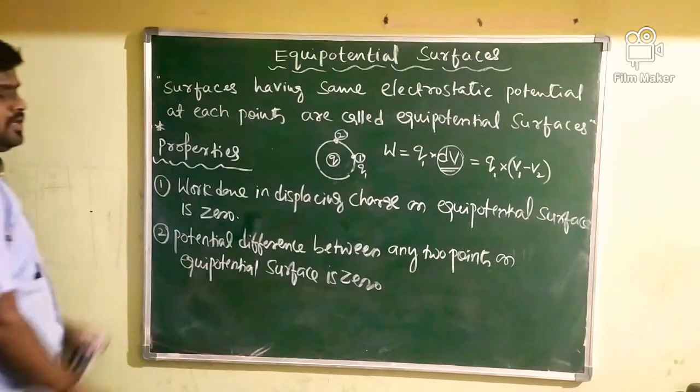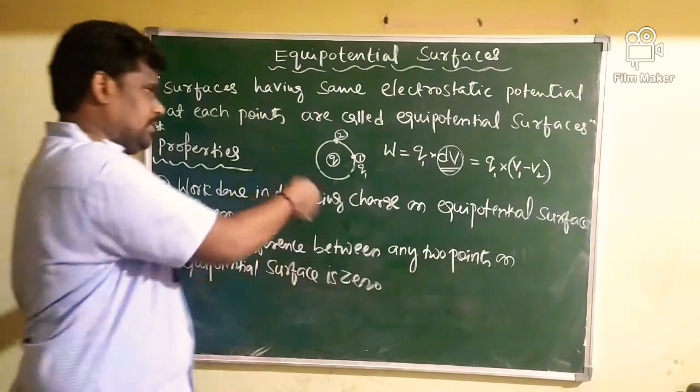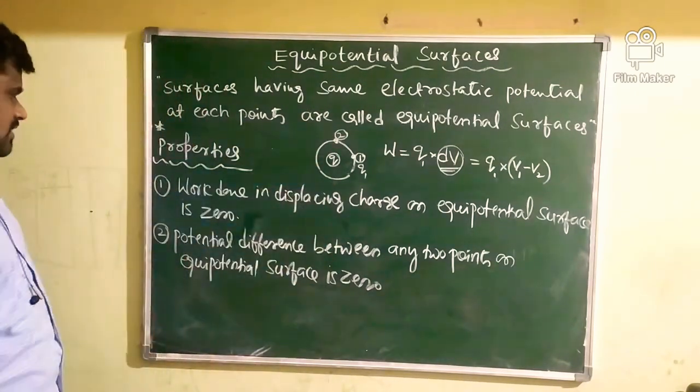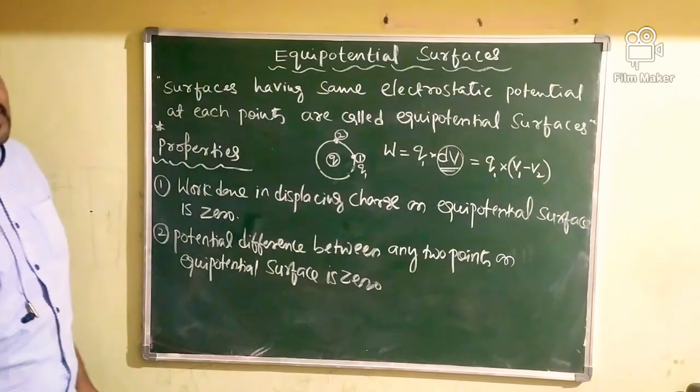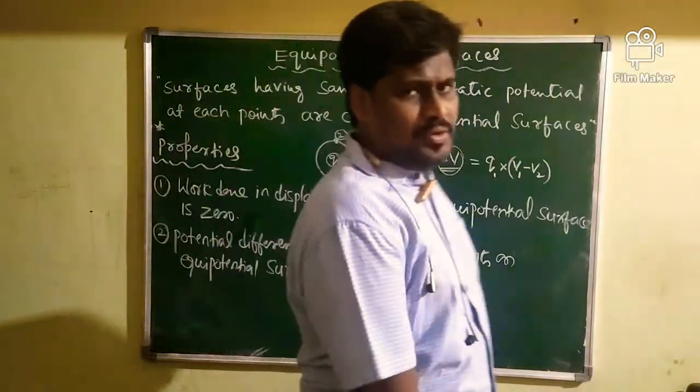If you calculate the potential difference between any two points on the equipotential surface, the potential difference is 0. Why is the potential difference 0?